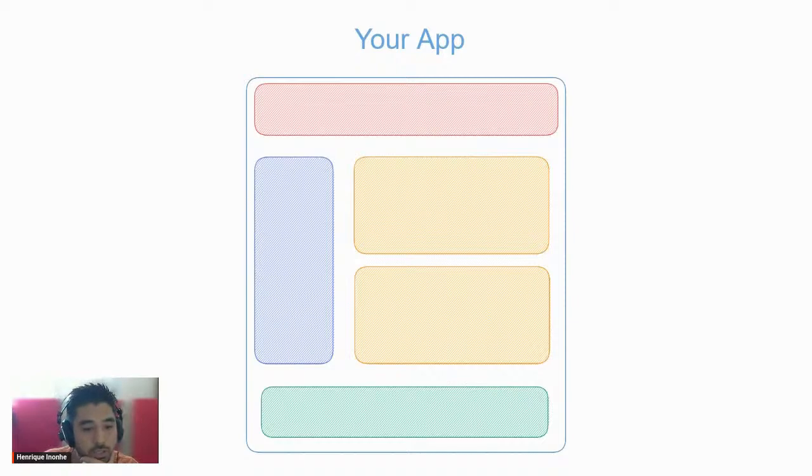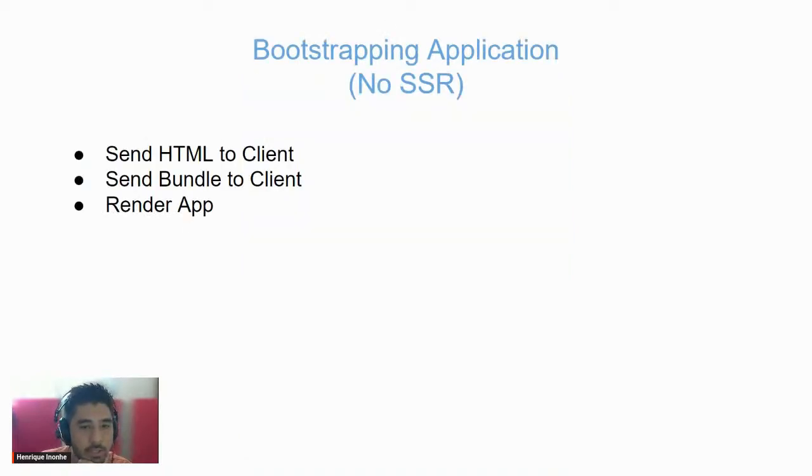So when we did not have SSR, this is the process that we had to bootstrap the application, right? So we send the HTML to the client. Once the HTML reaches the client, it initiates downloading the bundle, which is where the JS and React code lives. And then once the code is downloaded, parsed, executed, then your app is rendered and ready to be used.